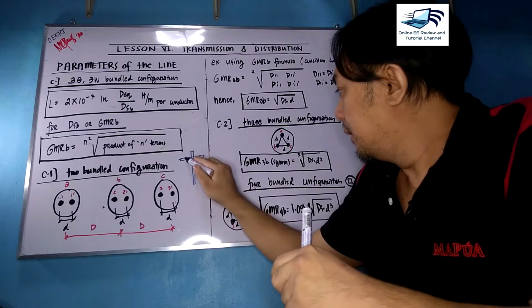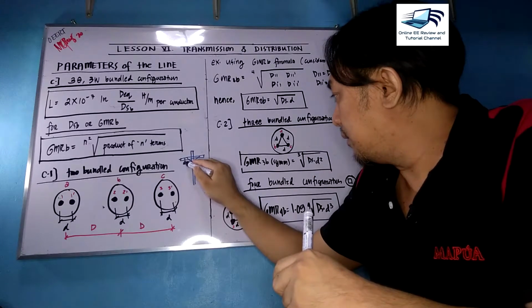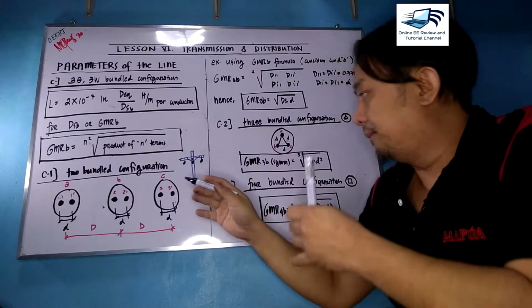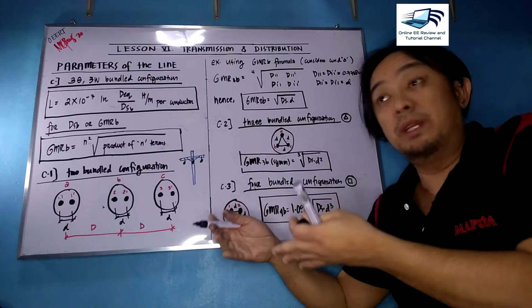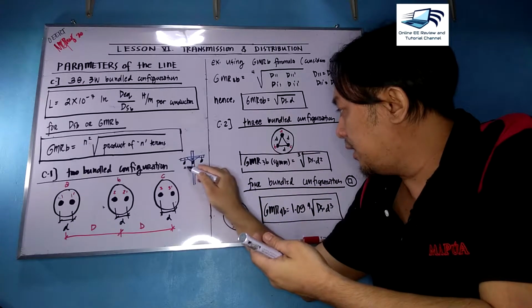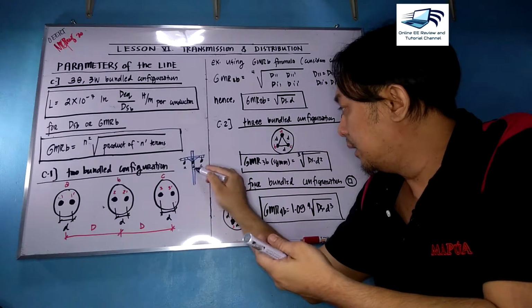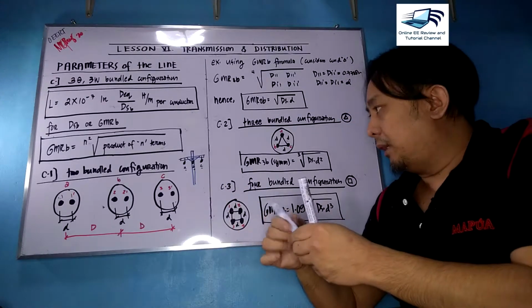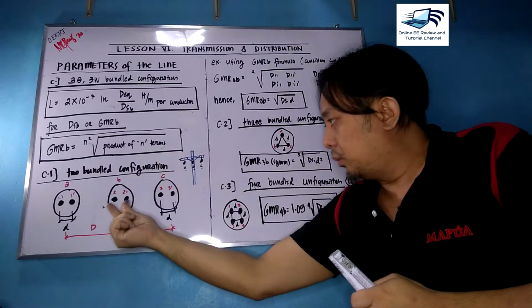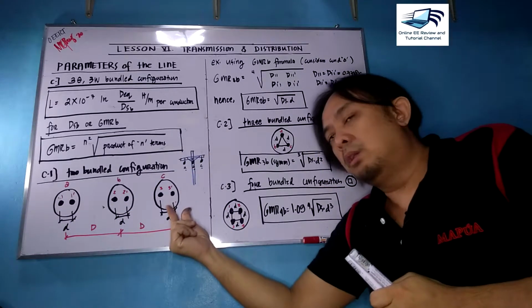And then your transmission line has conductors, right? It is not stated there the insulators. Considering you see the conductors here, I could say this is A, B, and C. And we interpret that in every conductor you have 2 strands. One conductor, 2 strands. One other conductor, 2 strands.